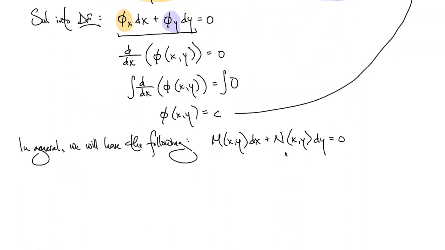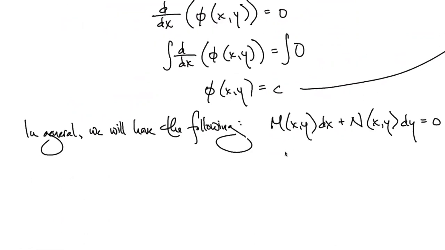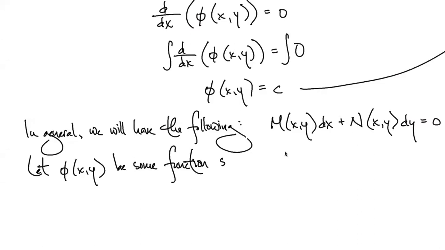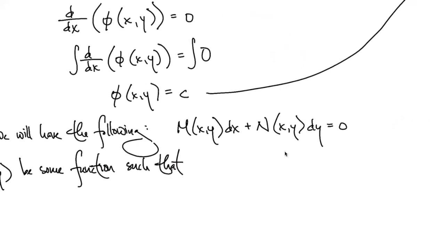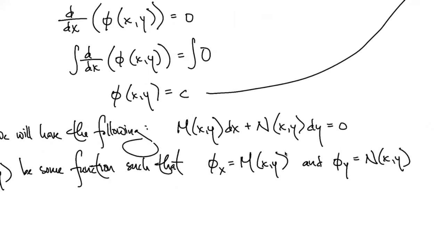And what's going to be so special about this is we're going to let phi of xy be some function such that the partial of phi with respect to x is actually going to equal M of xy, and the partial with respect to y of phi is going to equal N of xy, okay?